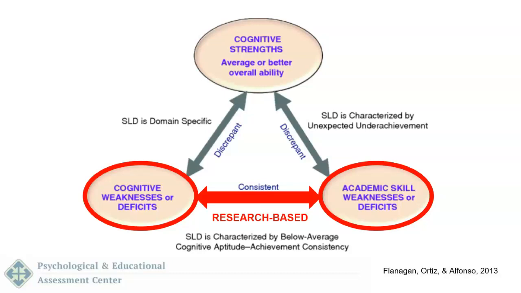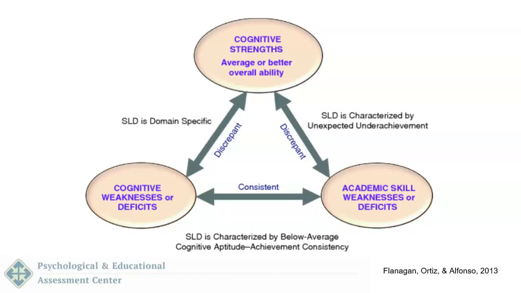Those two areas have a research-based link. That is, we know through empirical studies that phonological processing directly influences basic reading skills. This criterion refers to the consistency requirement in the name Dual Discrepancy Consistency Model. That is a broad overview of the Dual Discrepancy Consistency Model.